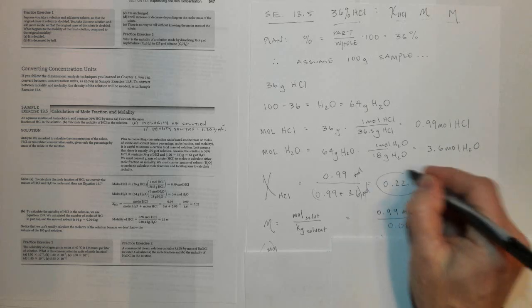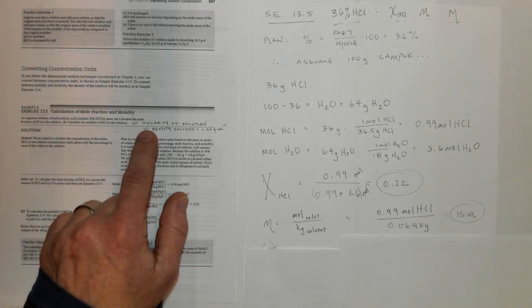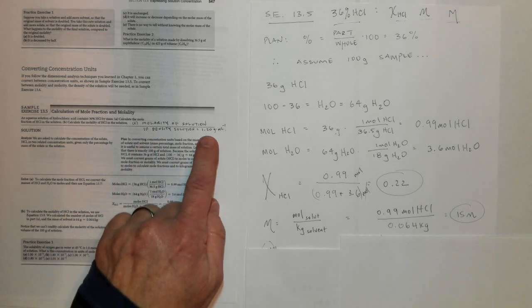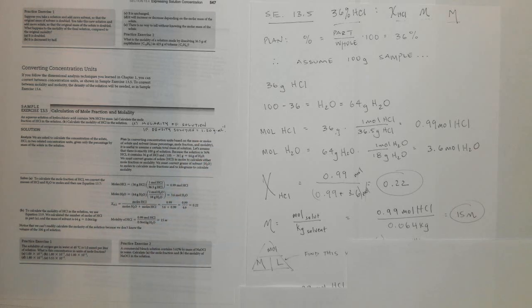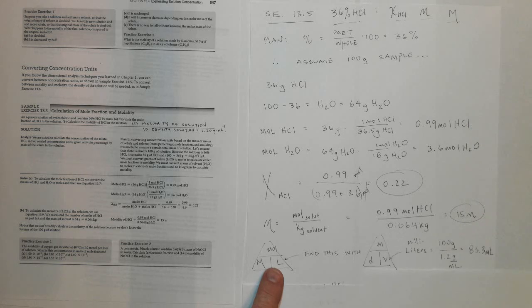So now we found our mole fraction, we found our molality, and lastly, how do we find the molarity of the solution? Here's where the density of the solution becomes important, because to find the molarity, we have to take moles of solute, which would be this HCl, and divide it by liters.